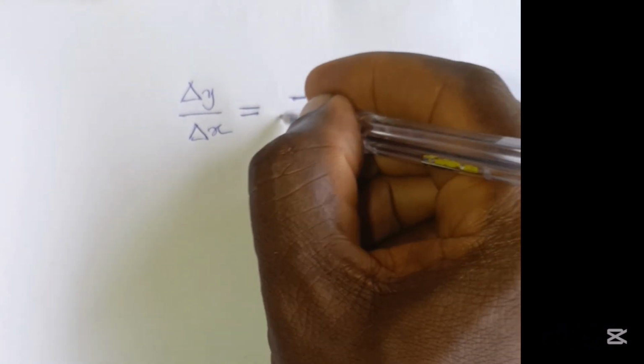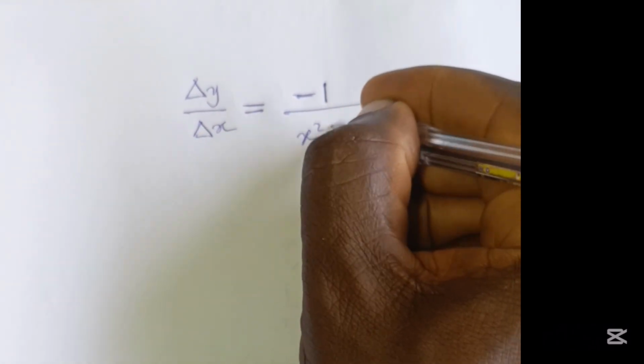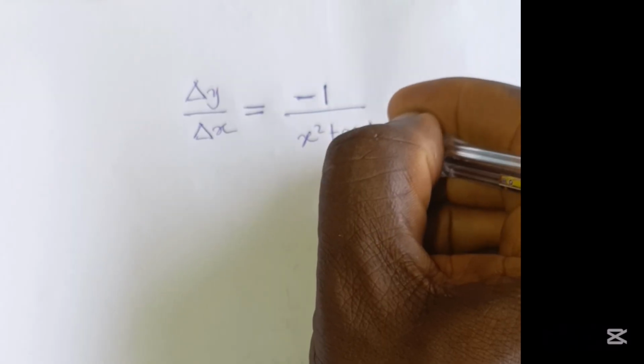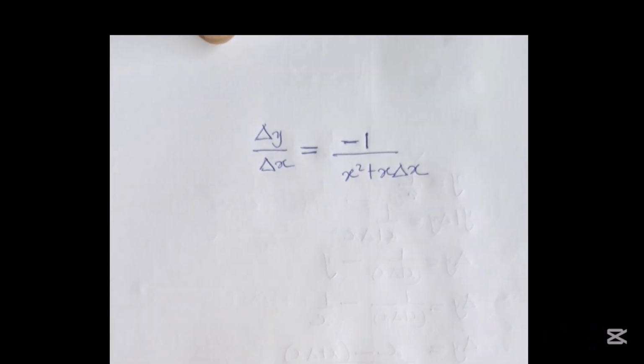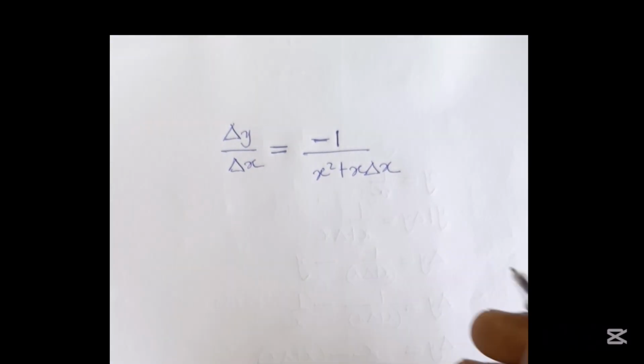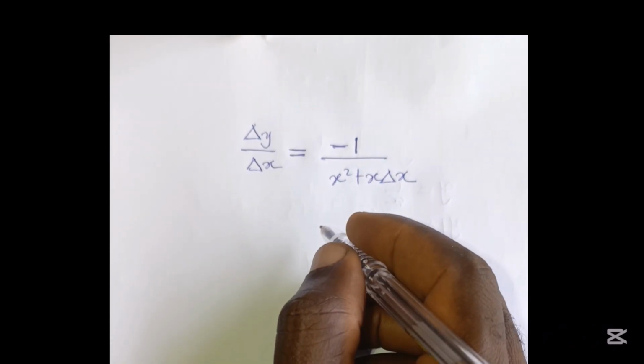So we have change in y over change in x, that's minus 1 over x square plus x change in x.